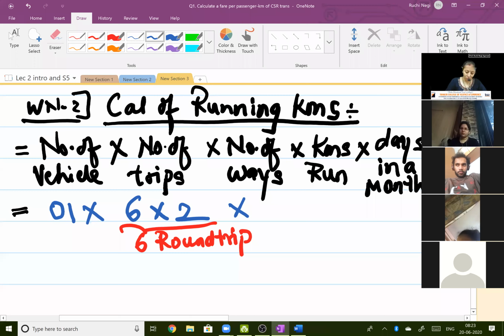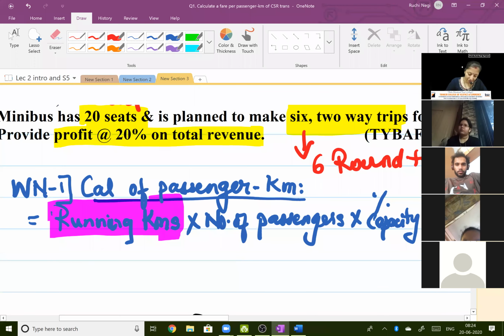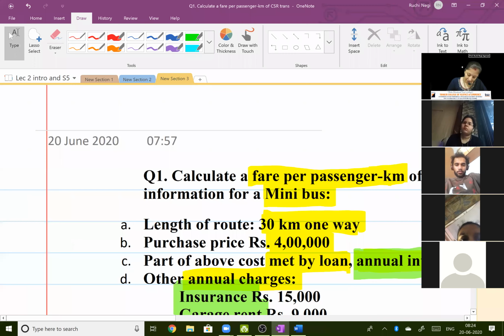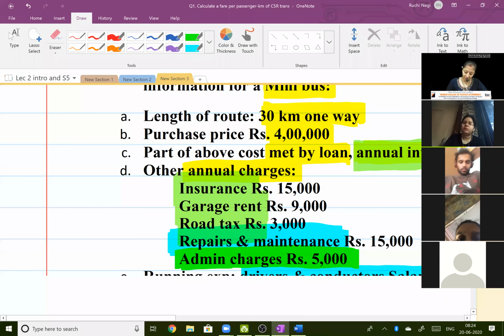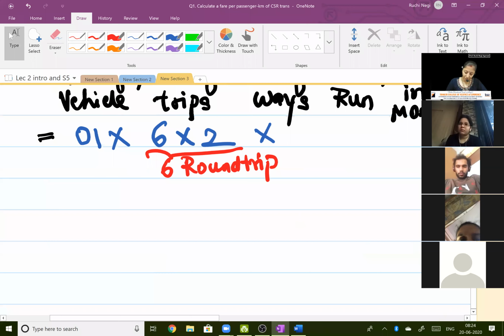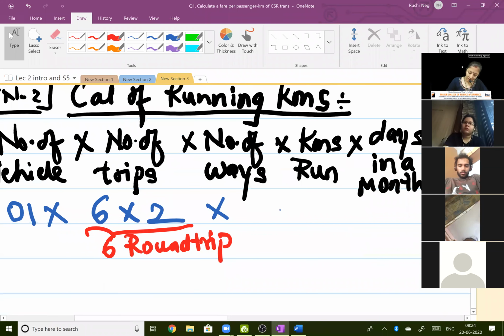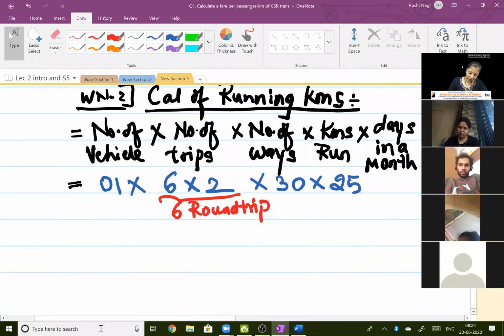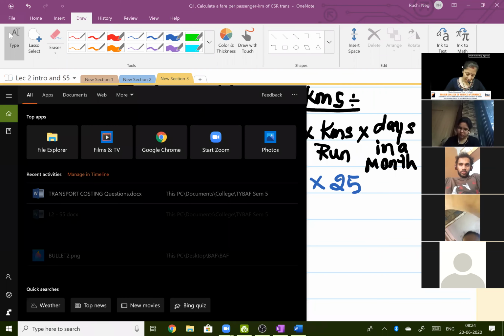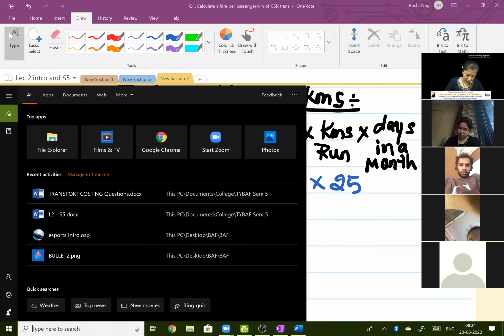It was there in the beginning of the question. I guess it was 30. Yeah, 30 kilometers one way. So kilometers run is 30 into days in a month, which is given as 25. Okay, right? Let us start with the calculation. Even you can do your calculation simultaneously.